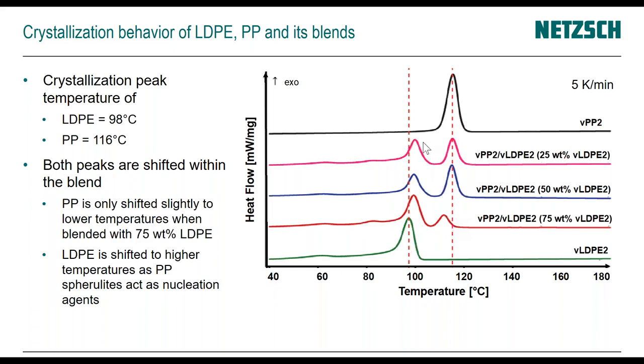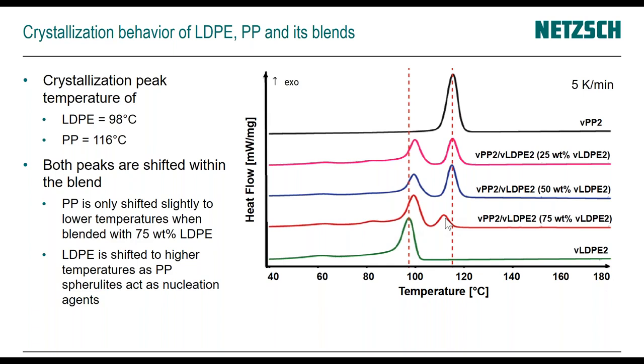And when we look at the peak of the LDPE, we can definitely see that regardless of the blend composition, it's already shifted to higher temperatures because the crystallization is affected. That is obviously something we have to take into account when we work with blends, intentionally or unintentionally, because then the identification might be obscured by these effects.